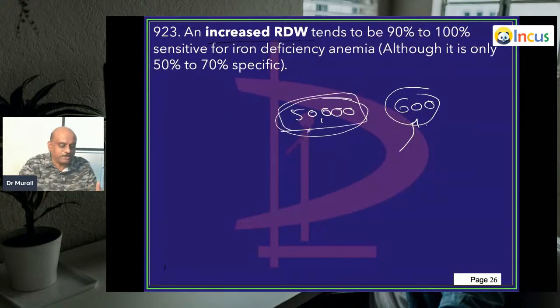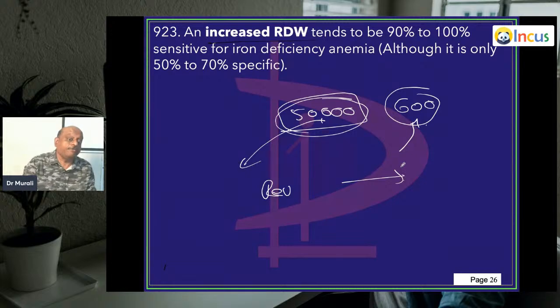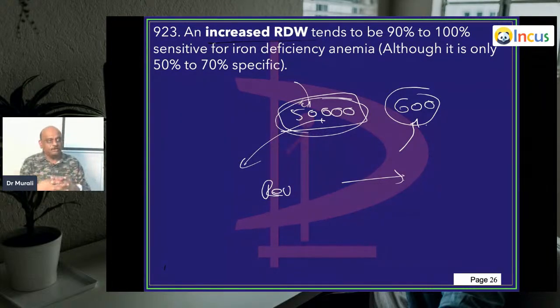Once you finish this 50,000 points, at least one time, even if you don't do revision, you will get a very good rank. But how do you finish this 50,000 is the question. Some will say, go and watch videos. That is a drowsy job. Some will say, read the book, drowsy job. You need someone who will sit with you and discuss, right?